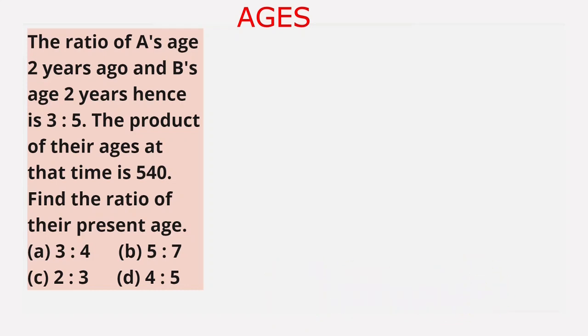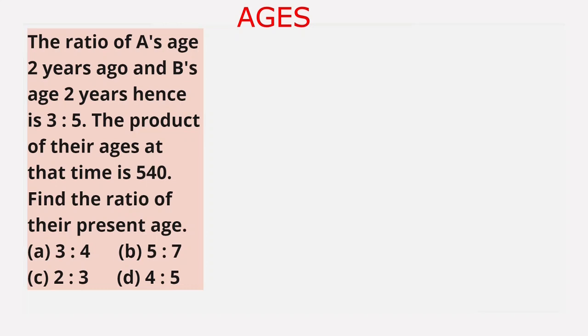It is given that the ratio of A's age 2 years ago and B's age 2 years hence, that is, the age of A is 2 years ago from now and B's age is 2 years after now, after the present age, is 3:5.